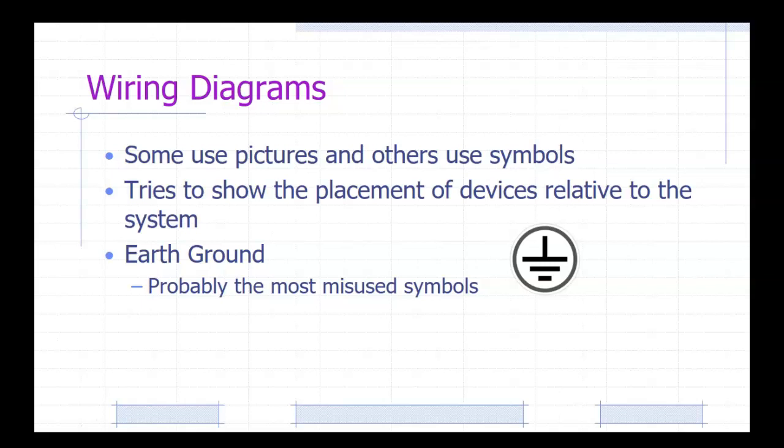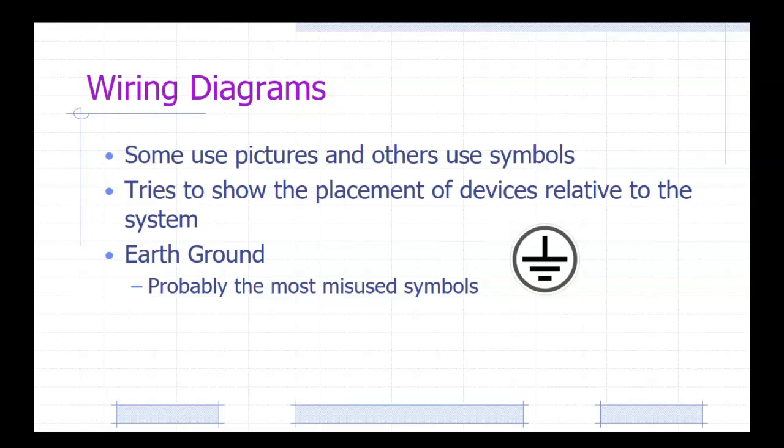So then you have, again, the symbol for earth ground. Like I said, that is my biggest pet peeve as far as misused symbols. Why? Because it is the most misleading symbol misused. I kind of went into this spiel the other day, but I'll go ahead and say it again. Common means it comes to a common point. Earth ground means that you've got something put into the ground to drain off excessive charge.